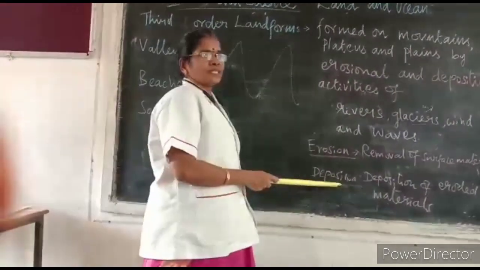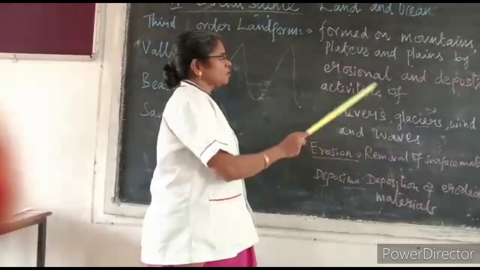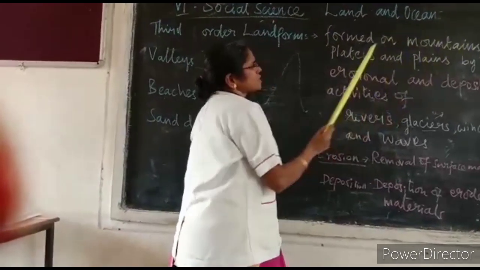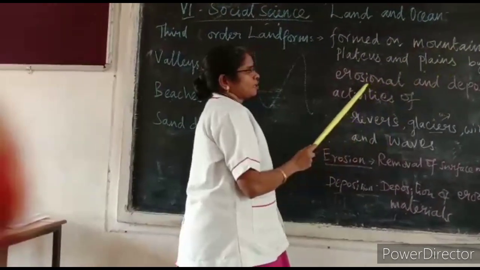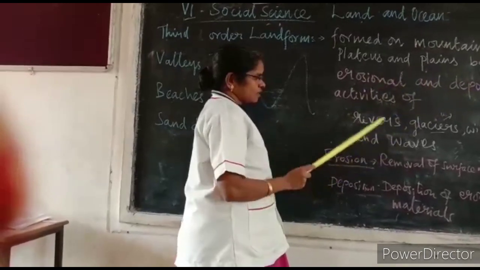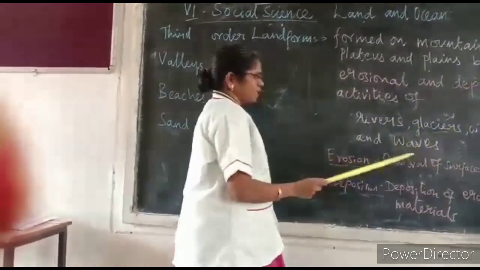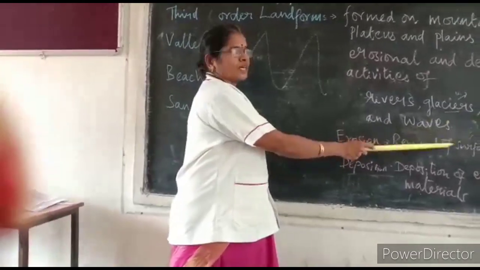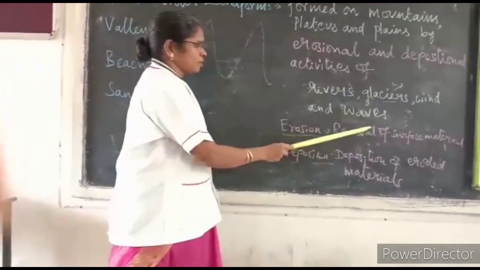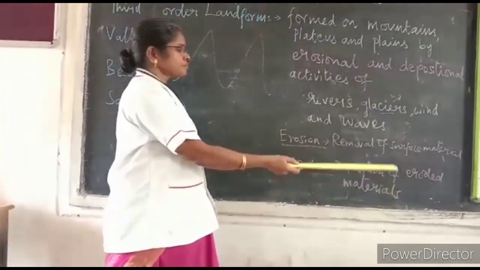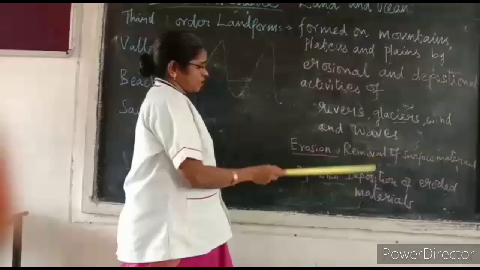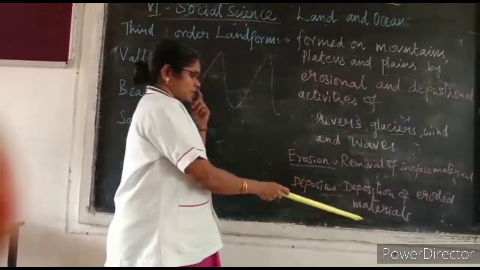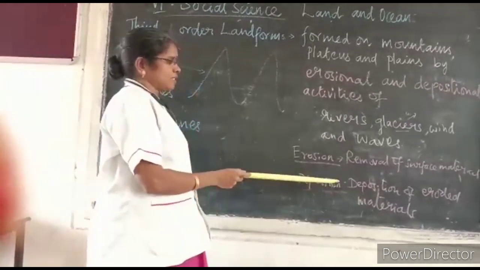We call that deposition. Is it clear now? Erosion means removal of surface materials from the earth. Deposition means the removed particles are transmitted by wind and waves and deposited in some place. We call that deposition of eroded materials.